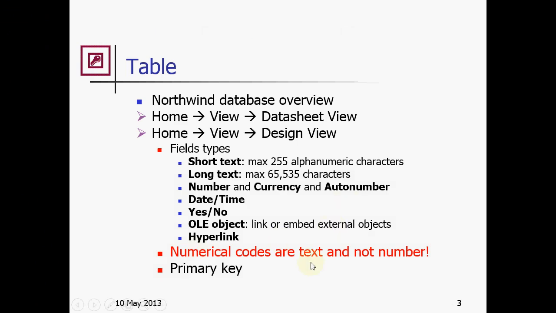A very important information on number. Can you see here, numerical codes are text and not number. In real life, there are several situations in which you have a number which looks like a number, but it's not a number. What do I mean? For example, your telephone number.